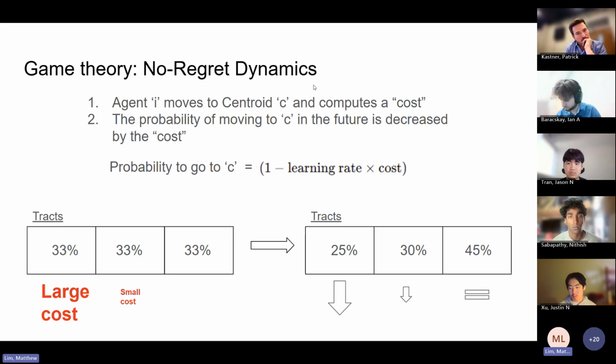And that can be anything like how many shops are in the census tract, how similar are my neighbors' socioeconomic status to myself, etc. And so we see that if the cost is high, then the agents likely will not go there again. And after repeating this thousands and thousands of times, we're able to see, okay, agents of this income bracket like these tracts, agents of this income bracket like these tracts, etc.